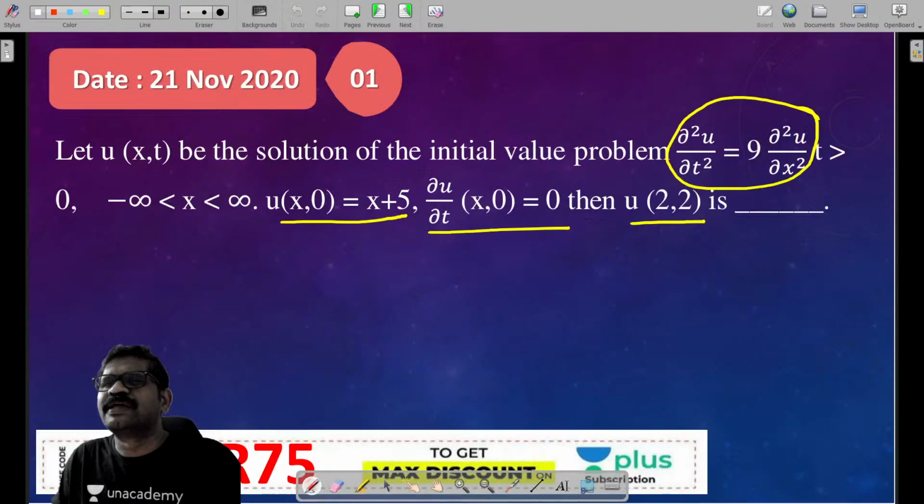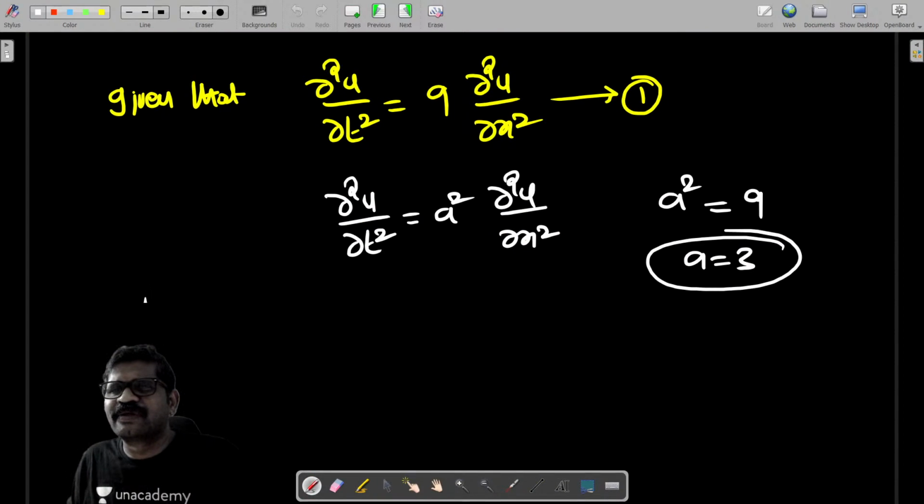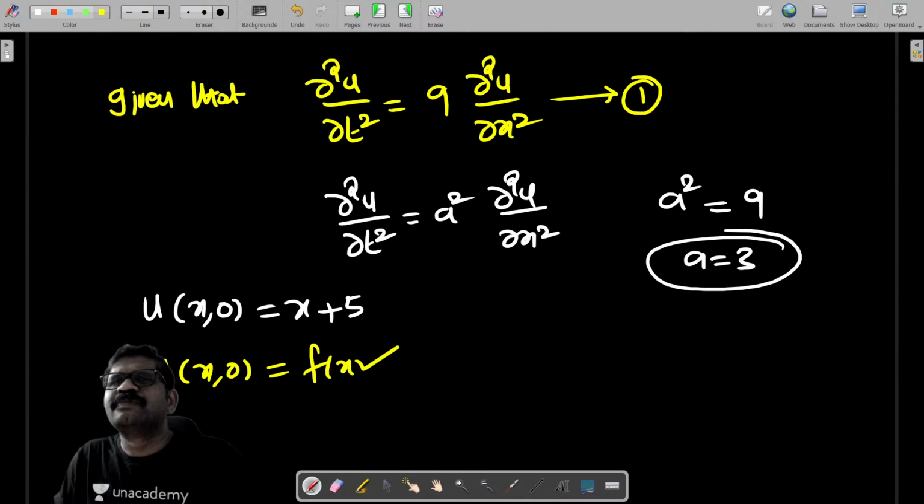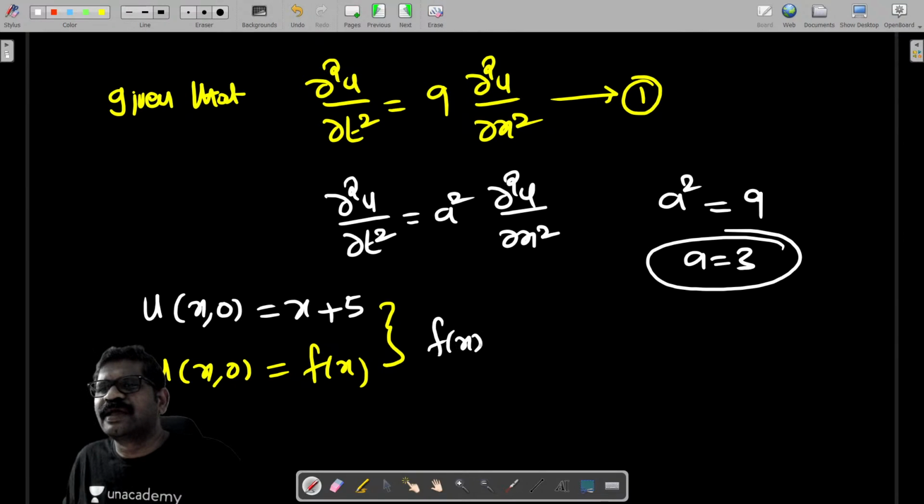Next, the initial conditions are provided here. u of x comma 0 is x plus 5. Generally, u of x comma 0 we represent by f of x. By comparing these two, you can find out f of x is x plus 5.